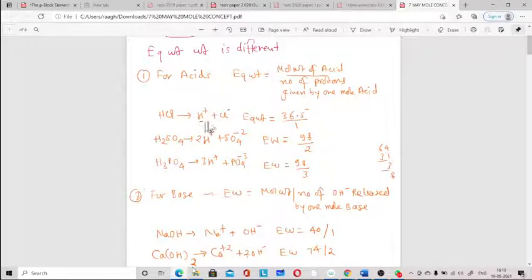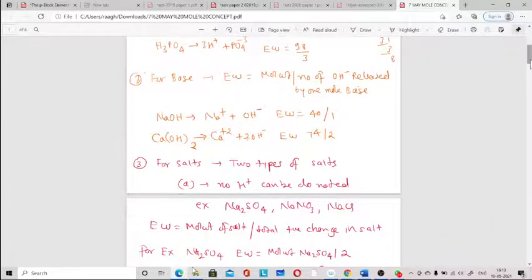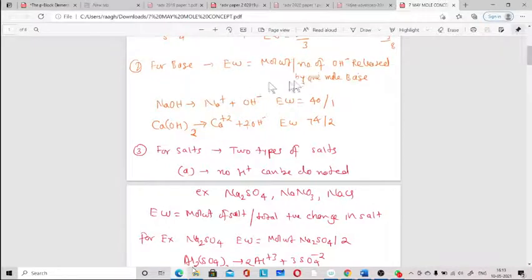So HCl gives 1 mole hydrogen, H2SO4 gives 2 mole, H3PO4 gives 3 mole, and like that. Then for base, how many moles of OH ion are released? So NaOH is 1 mole, so 40 by 1. Calcium hydroxide is 74 by 2, as 2 moles are there.